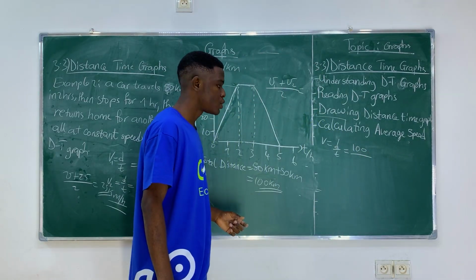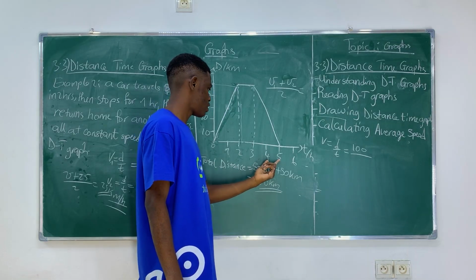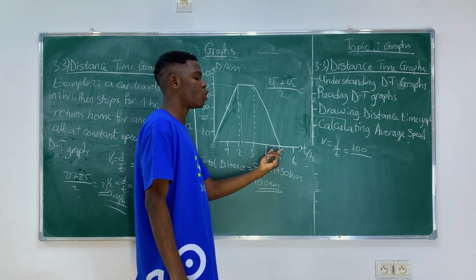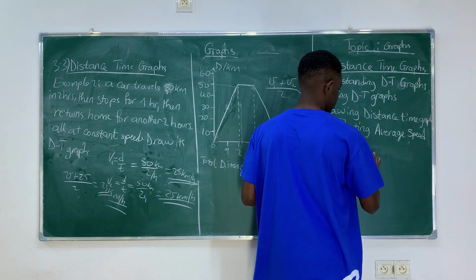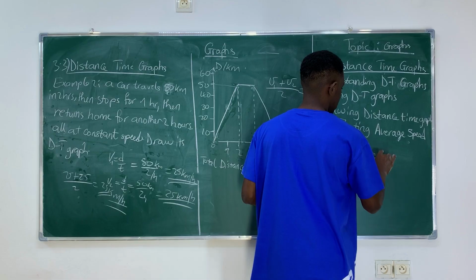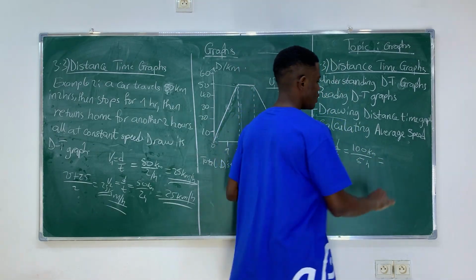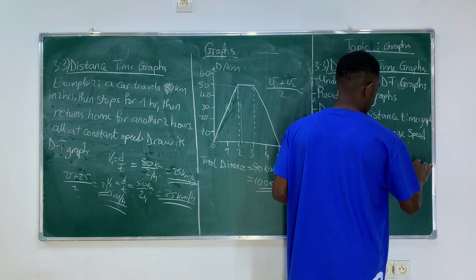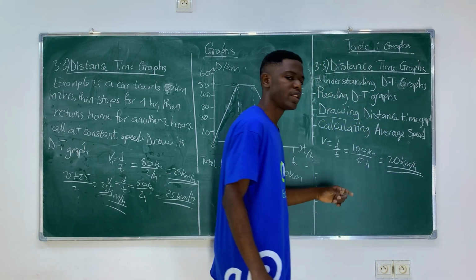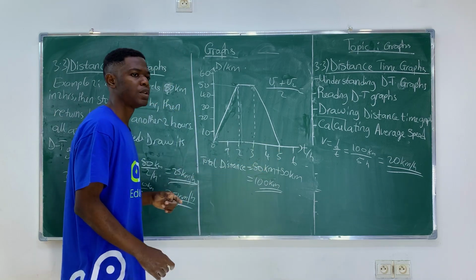The total time taken is what? 5 hours, because it starts at 0 and goes back at 5 hours. This is in kilometers, this is in hours. So 100 divided by 5 is 20 kilometers per hour. That is the car's total average speed.